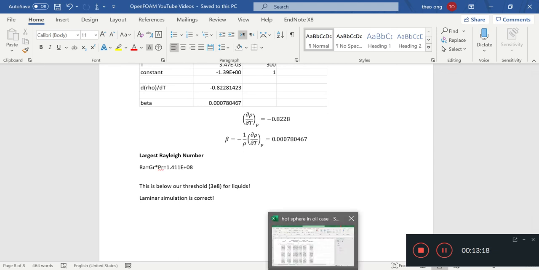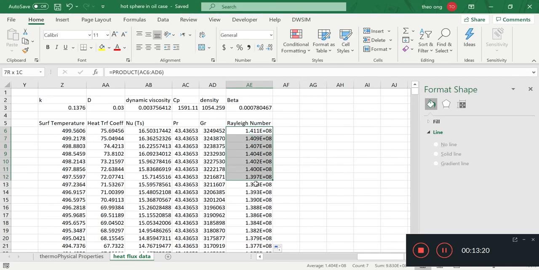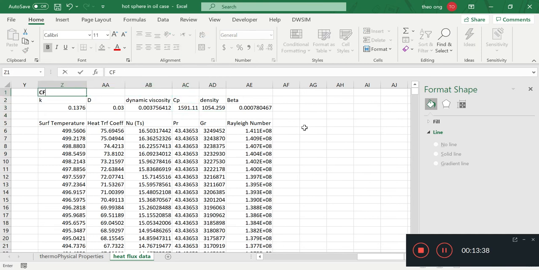And we have a correlation between the Rayleigh number, Prandtl number, and Nusselt number. So this is the plot that we want to generate. I just label this experimental, CFD.